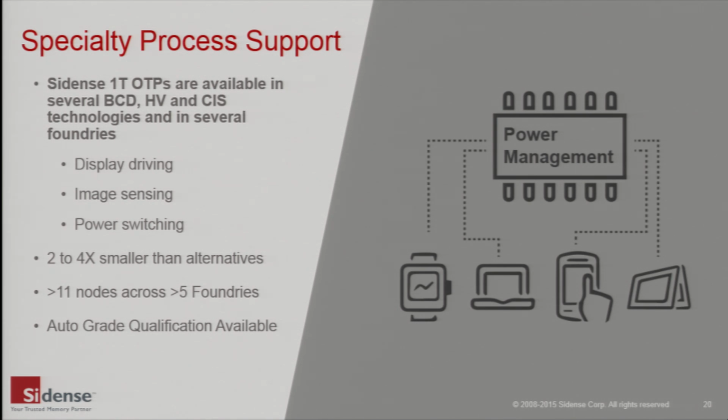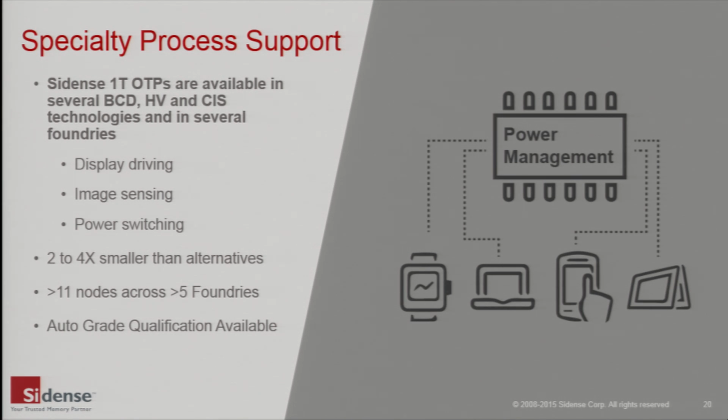Okay, specialty process support. Sidense is a world leader in BCD and HV, high voltage variants. We have over 90 customer projects licensed for these technologies, available in more than 11 nodes at more than 5 foundries. In these nodes, Sidense boasts a macro area that is 2 to 4 times smaller than competing solutions.